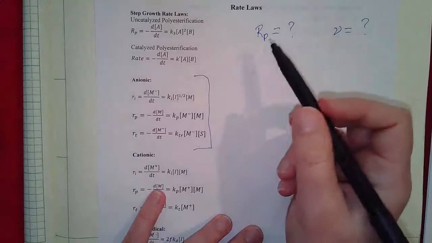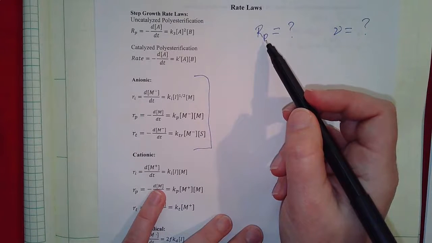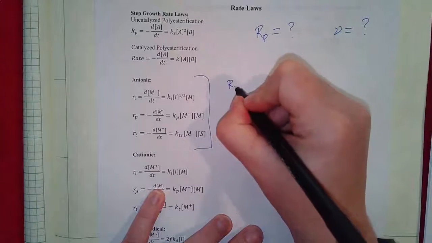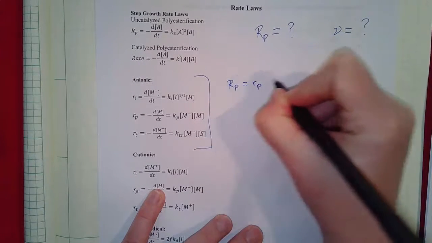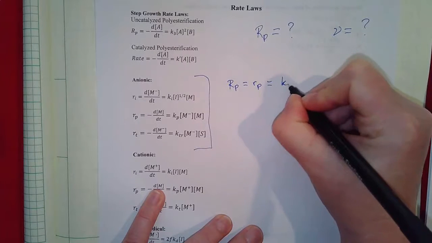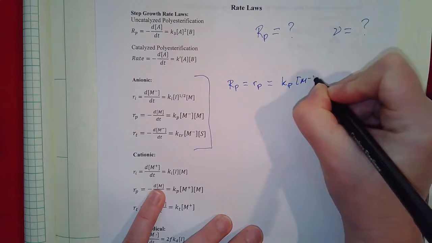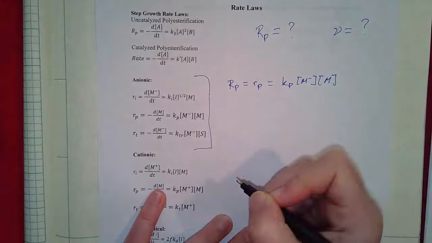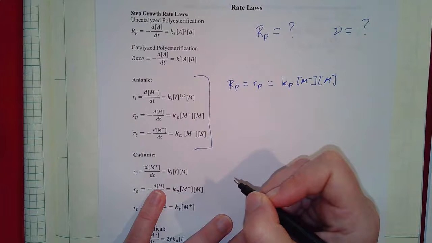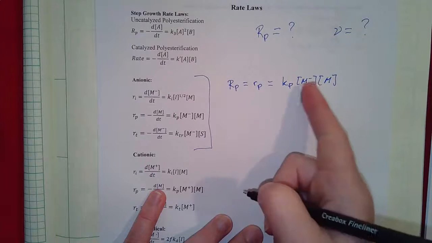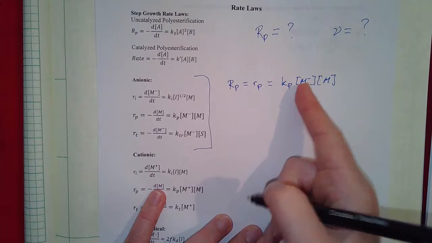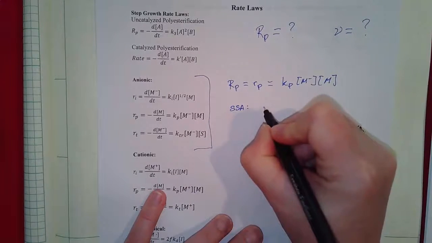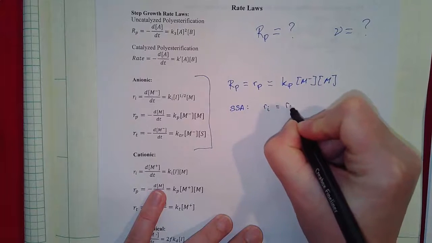So the rate of polymerization equals the rate of propagation, which equals Kp times the anion concentration times the monomer concentration. I need to get rid of the anion concentration, so let's do the steady state assumption. Ri equals RT.